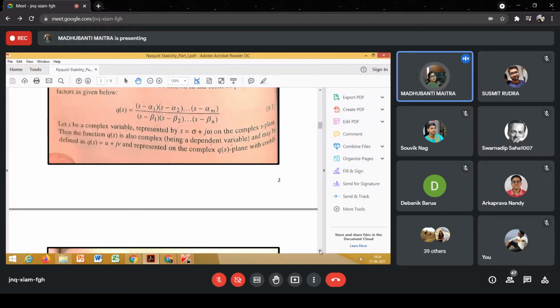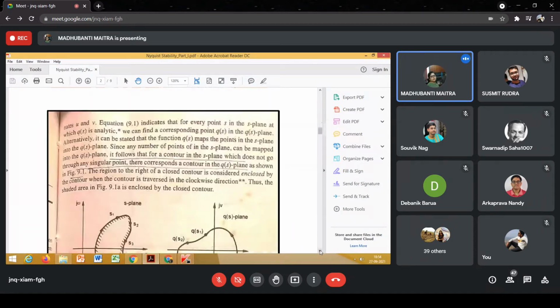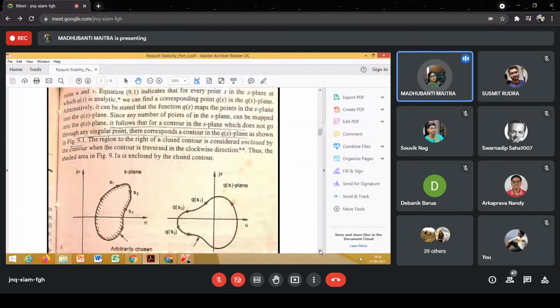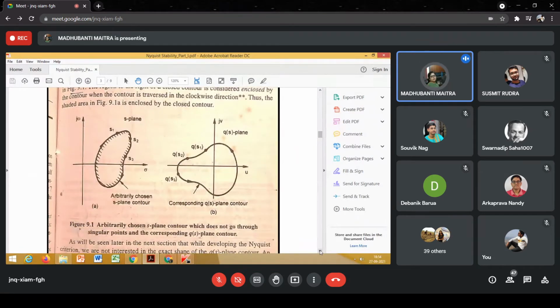In other words, at all the points on this closed contour, QS will be analytic. That means if we consider any point on this contour, we will get a value of QS having a magnitude and a phase angle. Clear? Since QS is complex.